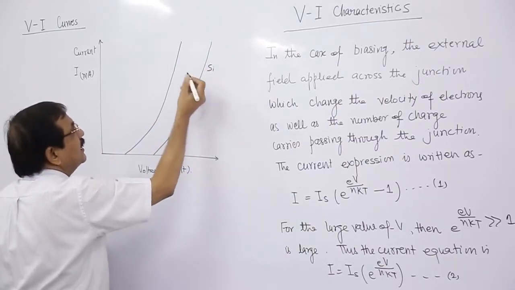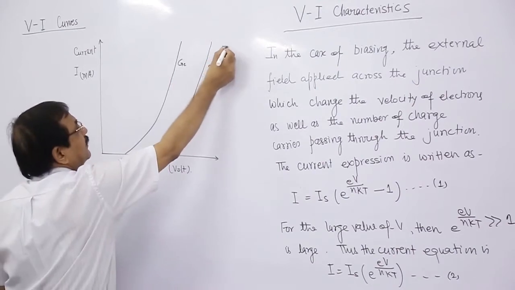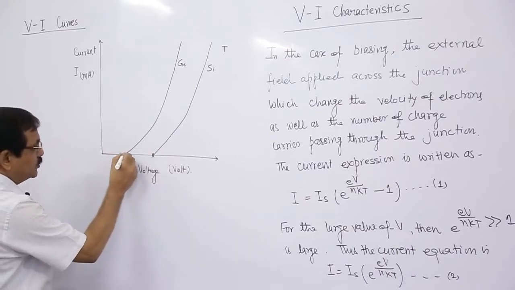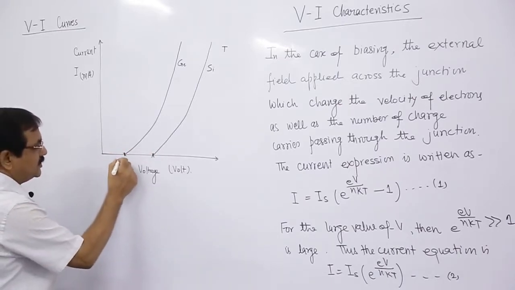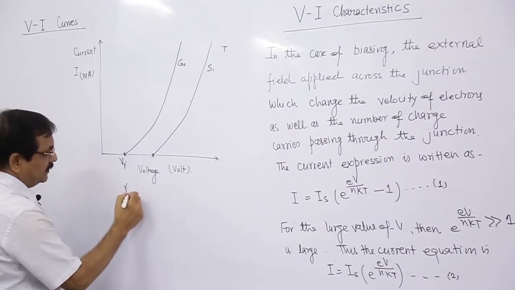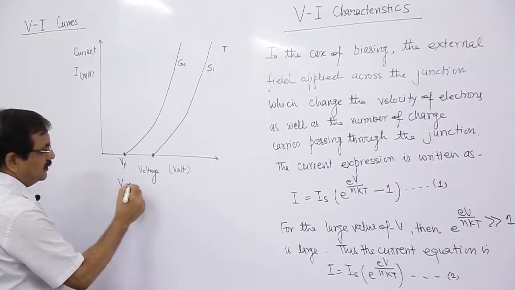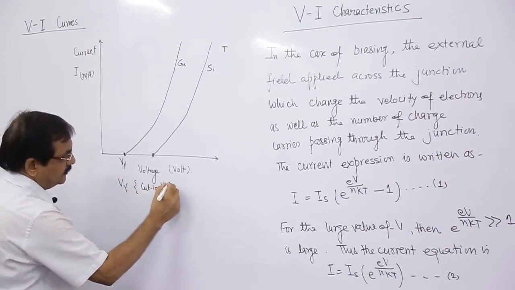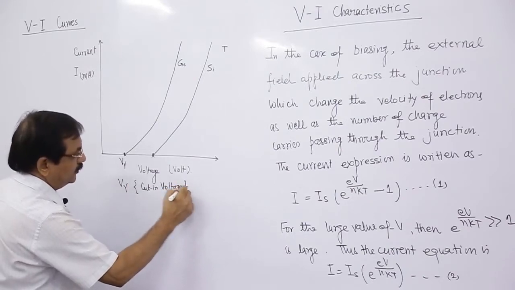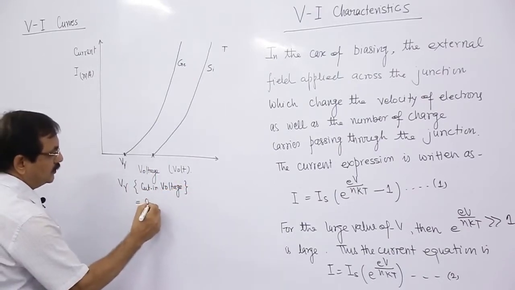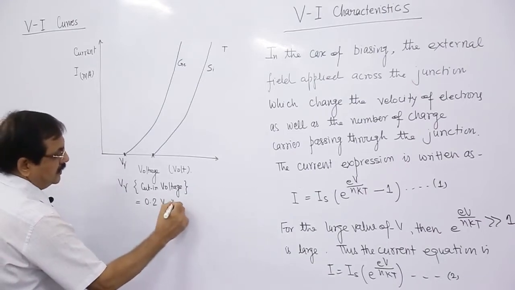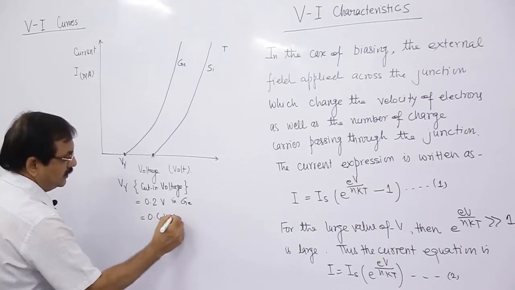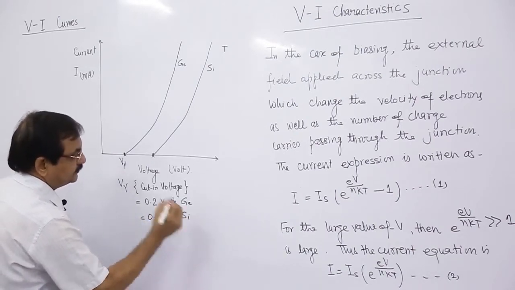Say this is silicon, this is germanium at temperature T. This corresponding value is termed V gamma, that is the cut-in voltage, and this value is 0.2 volt in germanium and this value is 0.6 volt in silicon.